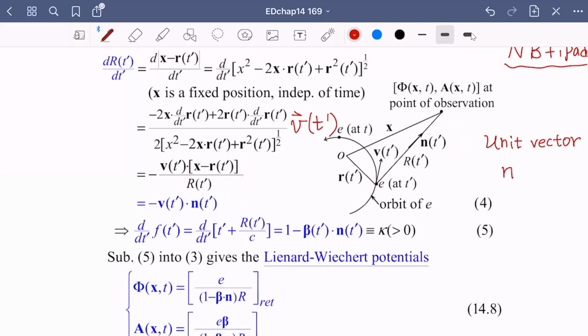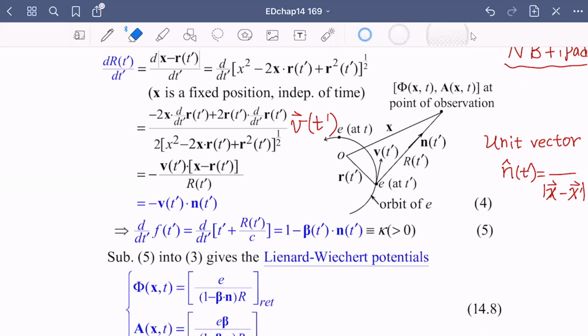So n is the unit vector t prime. Here is just like x minus x prime. Sorry.